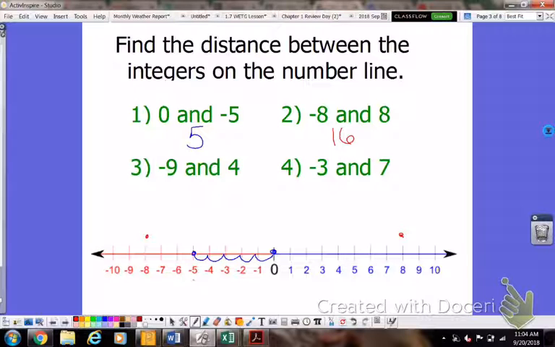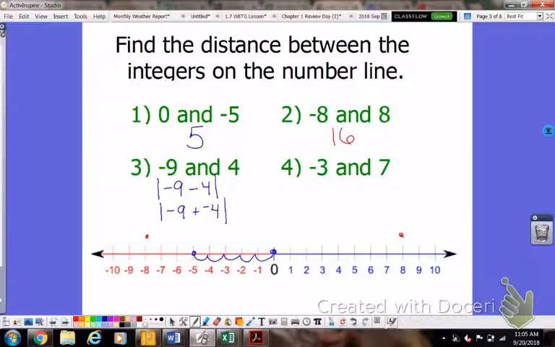So number 3, negative 9 and 4. For this one, I'm going to show you a different way to do it. In case you don't have a number line, or don't feel like making one. Our distance, we could think of as the absolute value of the difference. So the absolute value of negative 9 minus 4, negative 9 plus negative 4.